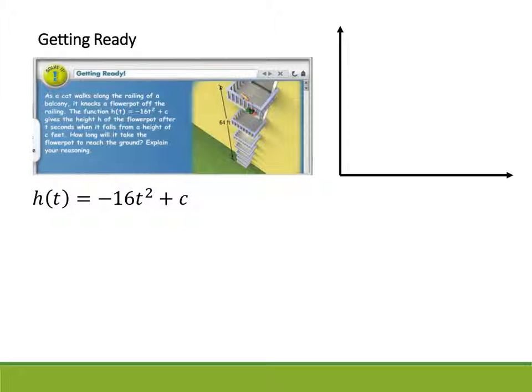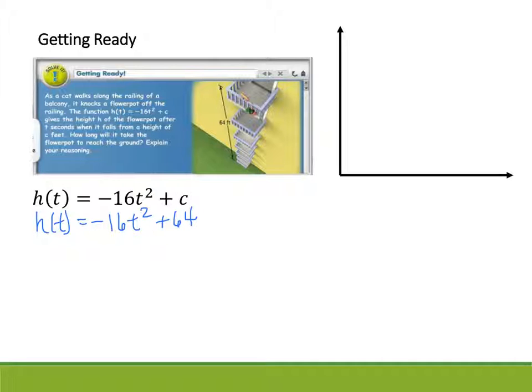And so 64 represents the original height of the flower pot. According to the problem, c is the height of the flower pot. So I'm going to replace my c value in my equation with 64 and write the equation as h of t is equal to negative 16t squared plus 64.